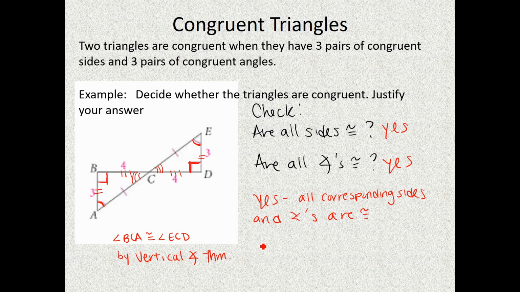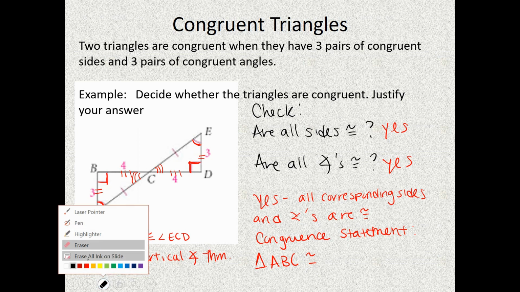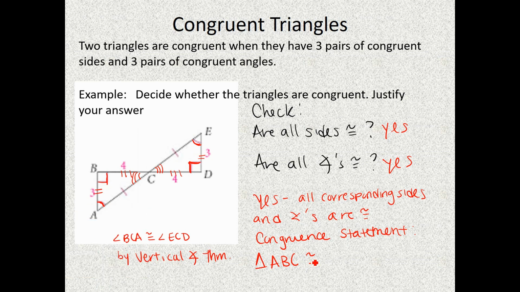And then for your congruent statement, we have to carefully make sure that we are labeling things so that they match up. So if I decide to call this first triangle ABC is congruent to, we would then have to make sure that all the vertices matched up for the second part.